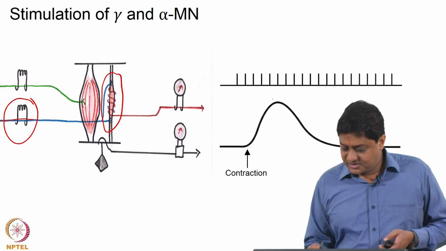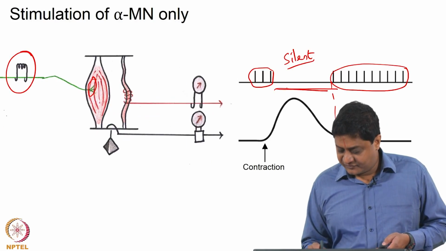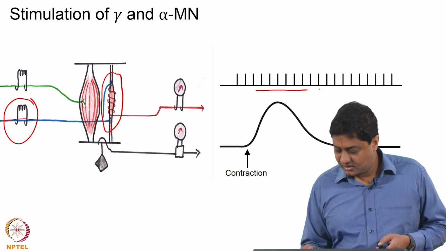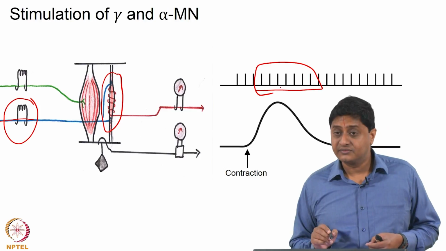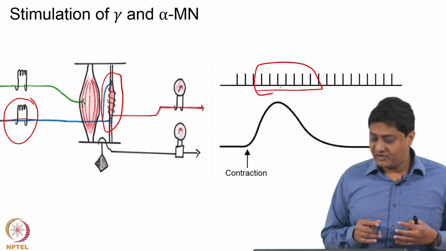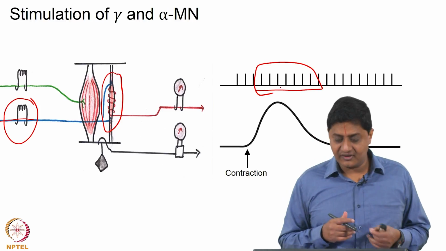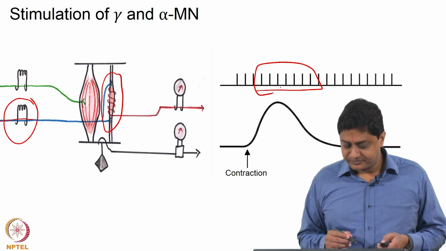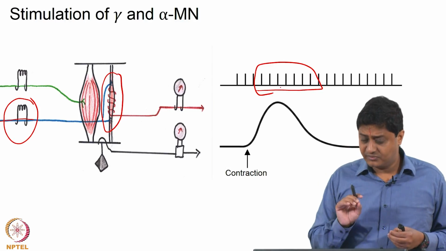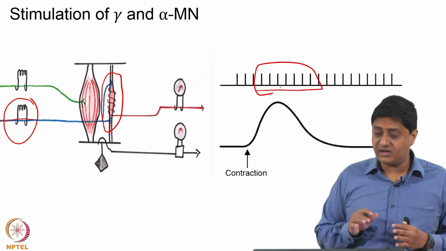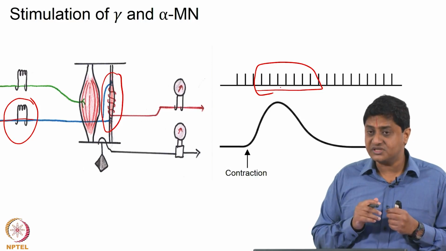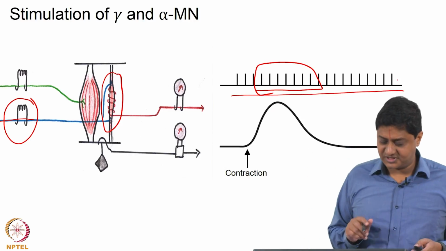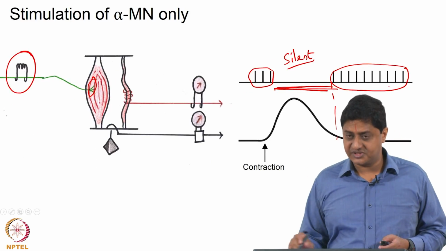When both are done, the difference from the previous picture is that here it is silent, whereas here it is still measuring length. So, experimentally we have confirmed the important role of the gamma motor neurons, something to remember. If I simultaneously activate alpha and gamma motor neurons, I am going to get a response like this, which is considered a normal response. This happens only in experimental situations, is it not?